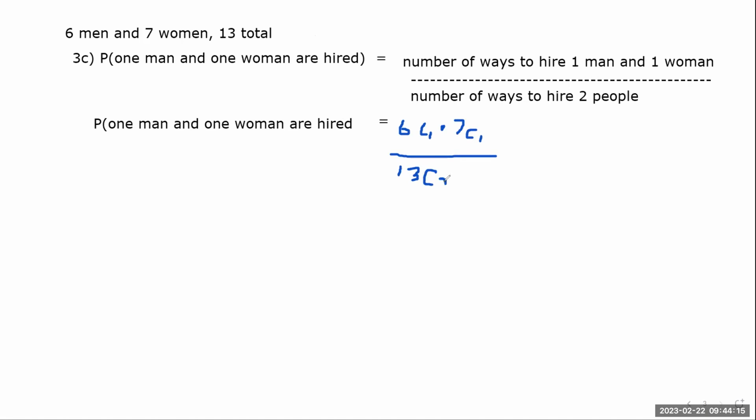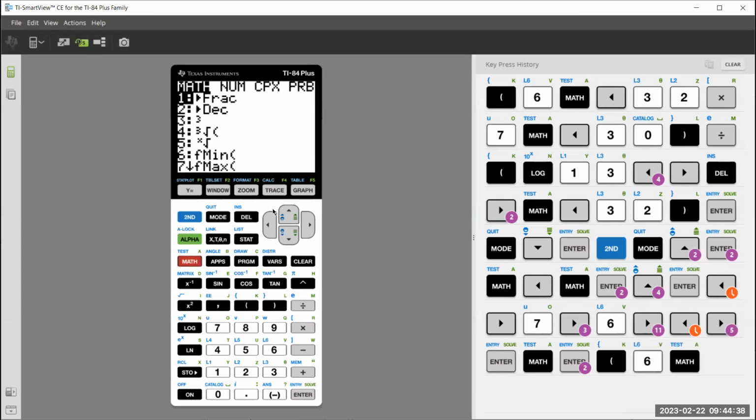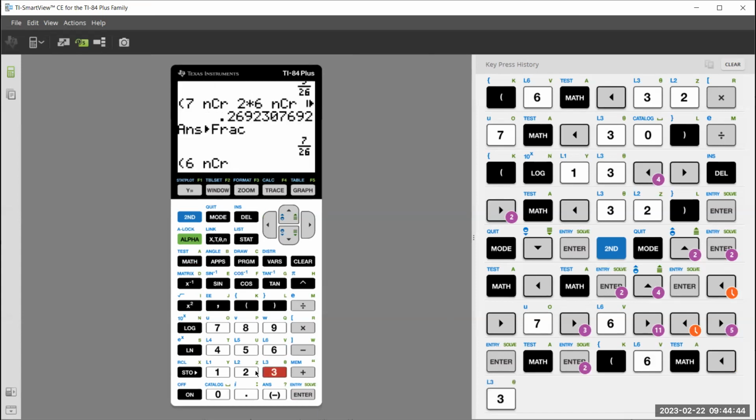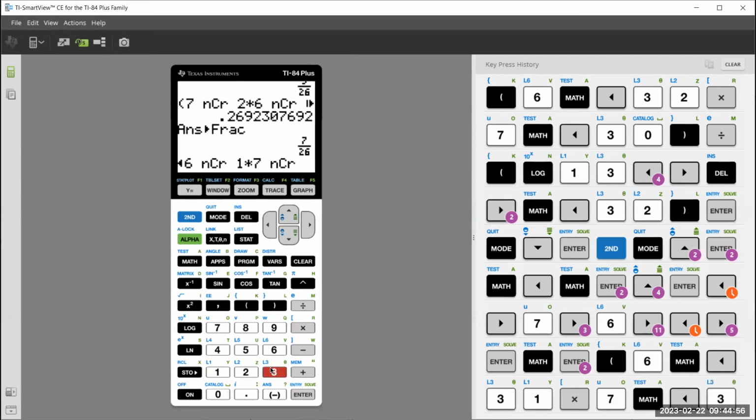So let's do this calculation. And let's see what we get. I'm going to put in our numbers once again. This time I'll do it from scratch. So we're going to have parenthesis, 6, math, probability, nCr, 6 choose 1, times 7, math, probability, nCr 1.